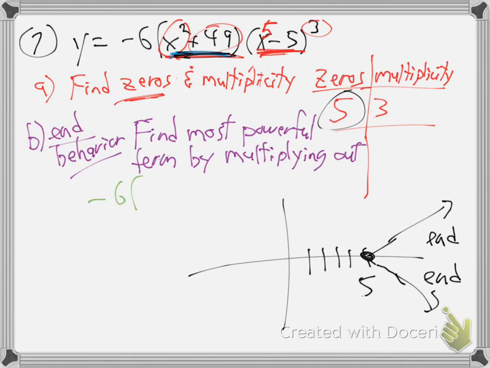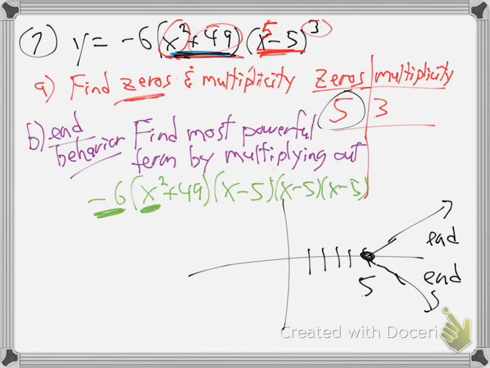So if you just take minus 6 times x squared plus 49 times x minus 5 cubed, if you were to FOIL that, it'd be a big mess, huh? Because x minus 5 cubed means x minus 5, x minus 5, x minus 5, and tons of work. I'm not going to do all that. I'm just going to say, well, look, if I was to multiply this out, I'd have the minus 6, and I'd have the x squared.